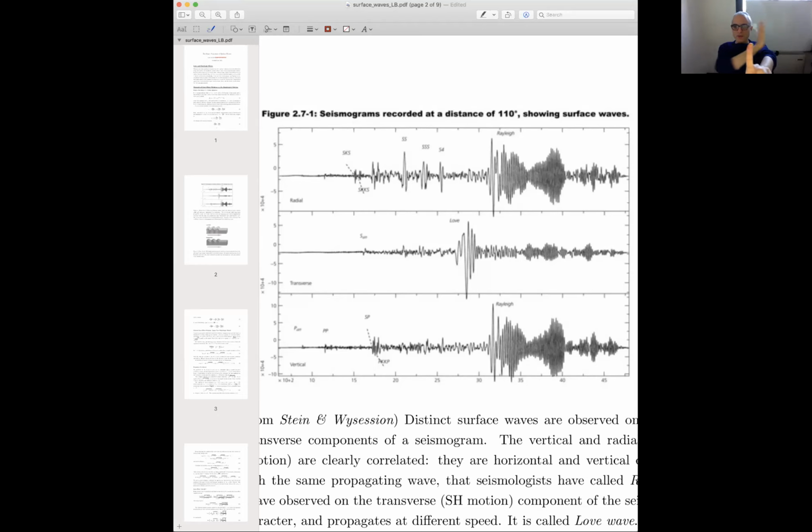The transverse wave would entail a motion like that, okay? It's transverse, perpendicular to the direction of propagation. The vertical component is also perpendicular to the direction of propagation, but it goes up and down, okay?